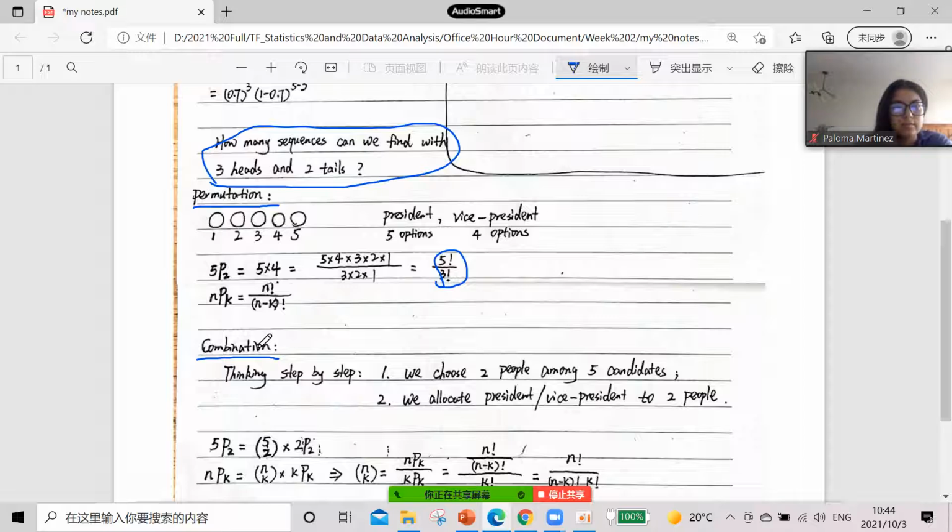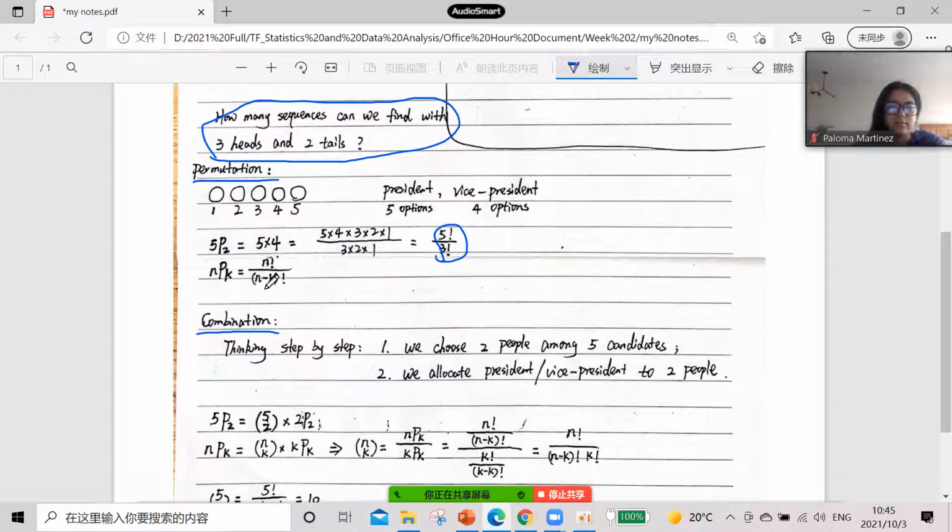You can do a simple mental experiment, and it's very easy to make sense. For 5 permutation 2, it's 5 factorial divided by 5 minus 2 factorial, which is 3 factorial.